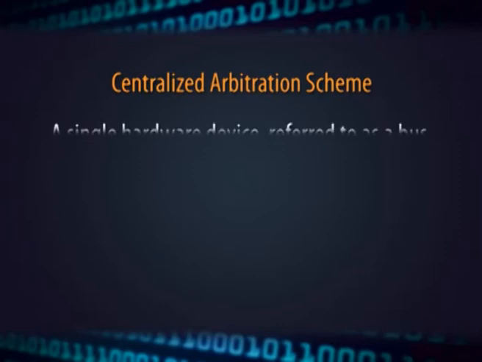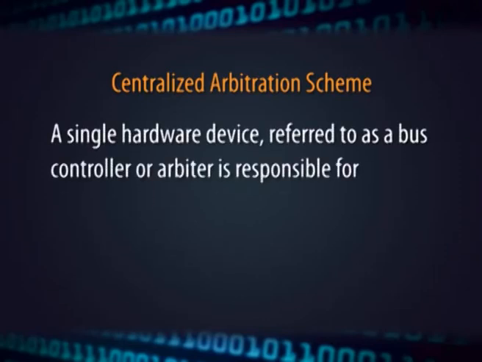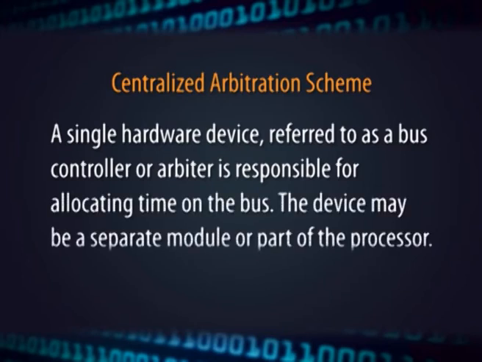In case of the bus arbitration method, more than one module may need control of the bus. Since only one module at a time can successfully transmit over the bus, some method of arbitration is needed. The various methods can be classified into two groups: centralized and distributed. In a centralized scheme, a single hardware device referred to as a bus controller or arbiter is responsible for allocating time on the bus.